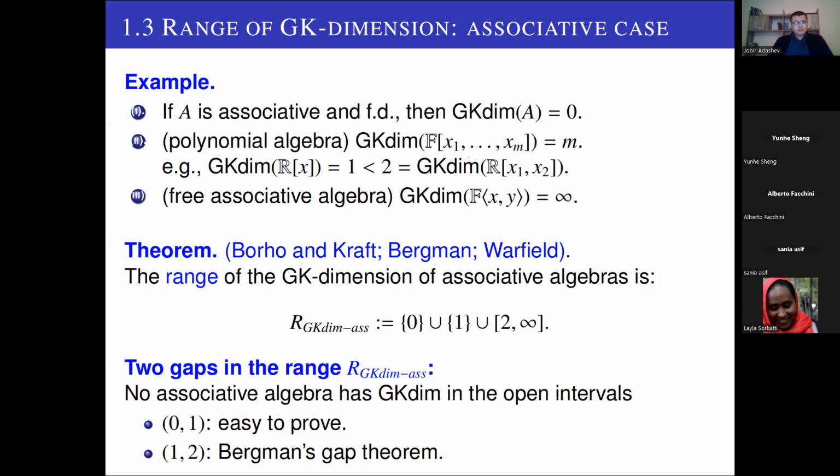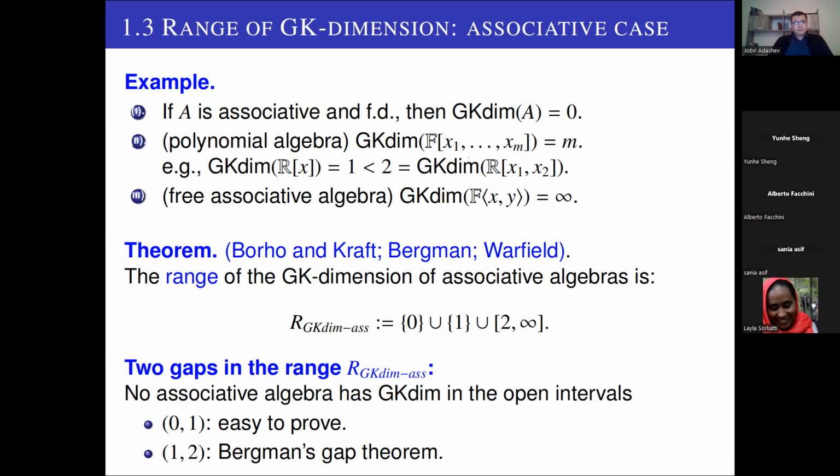And it's known that the range of the GK dimension of associative algebras is like this. It could be 0, could be 1, or could be any real number greater than or equal to 2, and also could be infinity. So we write it in this way, the range of GK dimension of associative algebras. From here, we can say there are two gaps.